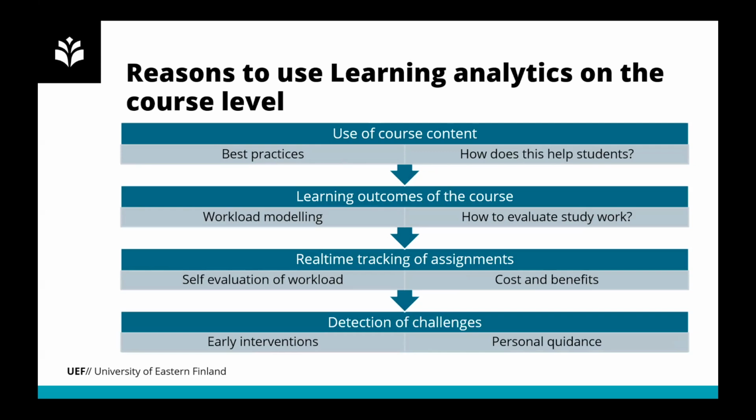Or then we can find out that these students have challenges, so we can have early interventions. So these are something that we should have on the course level. Of course, learning analytics can be quite different things. It might also be at department level, where we are checking which courses the students are not passing.